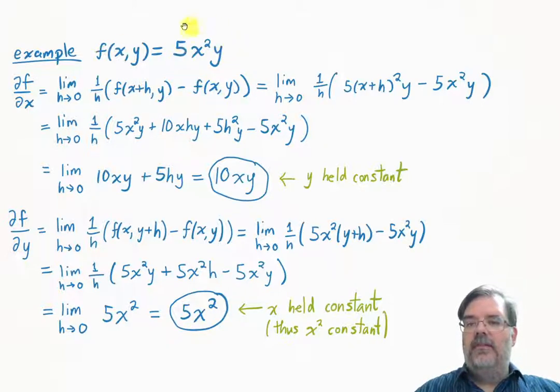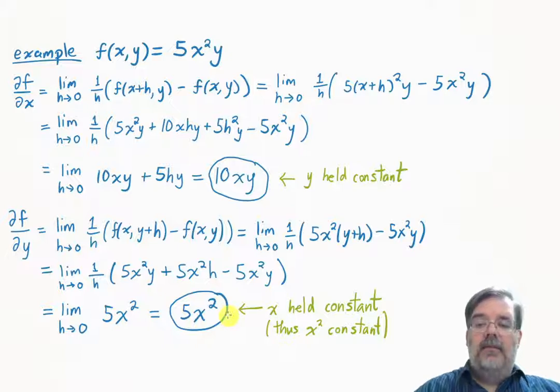The derivative of the function 5x squared y with respect to y is 5x squared. And again, in this problem, y is our variable and x is being held constant. You think of x as a constant. Well, if x is a constant, you can also think of x squared as a constant.